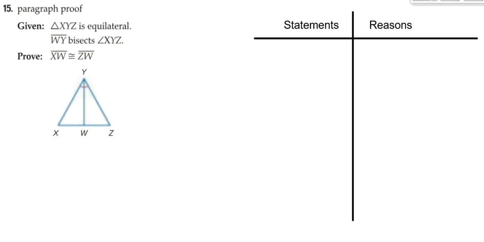So, because this is a triangle that is equilateral, that whole big triangle, then we know all of these sides, this one, and that one, are congruent. Well, maybe we're just going to say that these two are congruent because of the equilateral triangle, because we really want to break this into 2 little triangles.